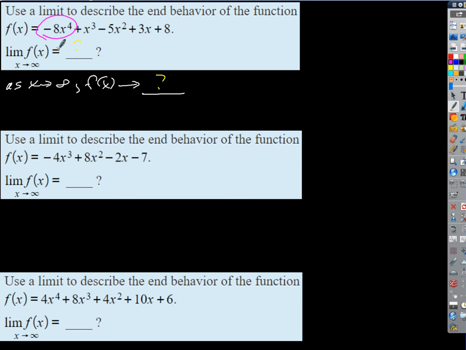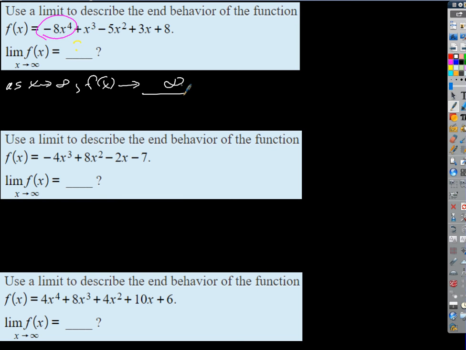So as x approaches infinity, if I put a really big positive number in there, what's going to happen? I know that because I'm taking it to a power, it's going to get infinitely big. So I already know it's going to be infinite, but the question is positive or negative.